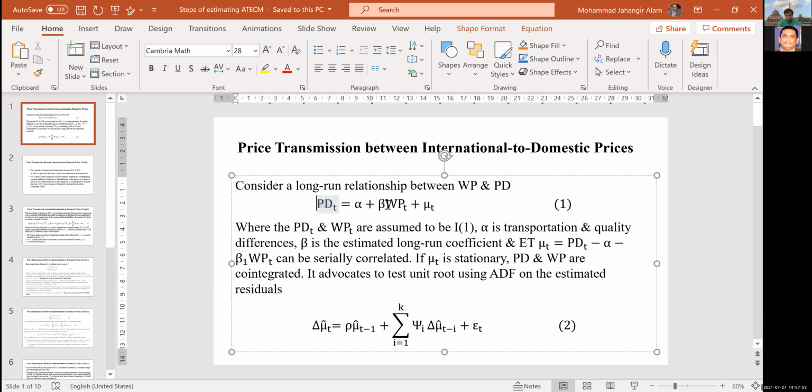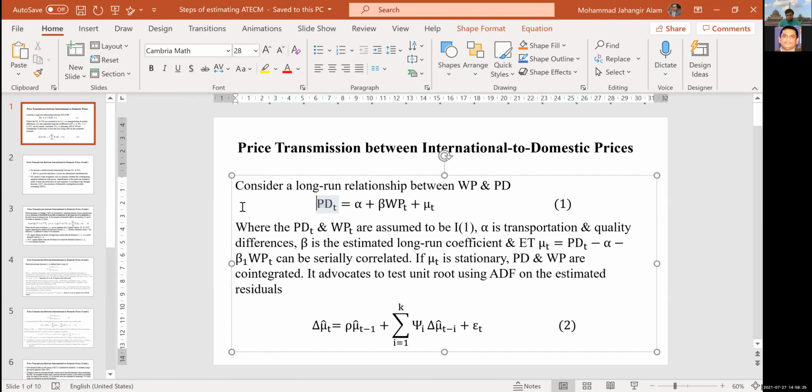So your background data or the literature can help you assume whether PD is influencing WP, or WP is influencing PD. But it's always better to do the test and see which is exogenous and which is endogenous. In our case, for estimating the threshold, I'll actually be using this equation.